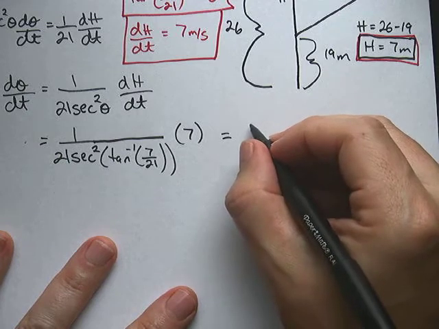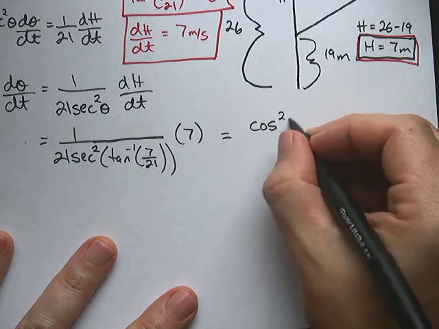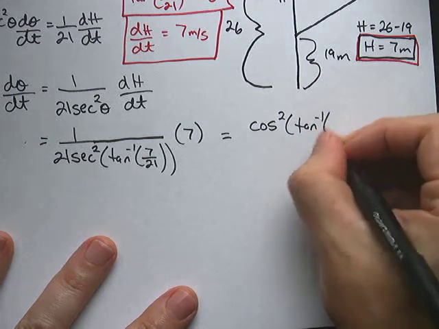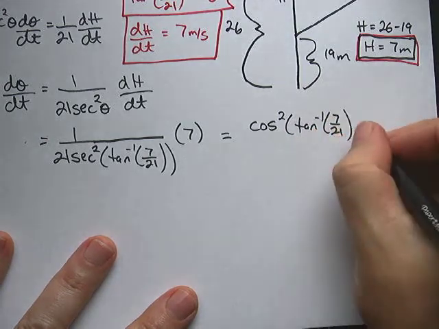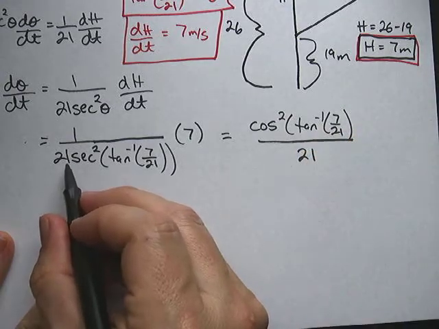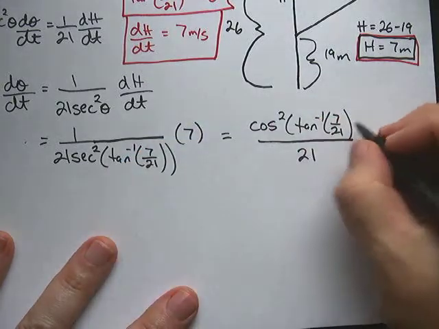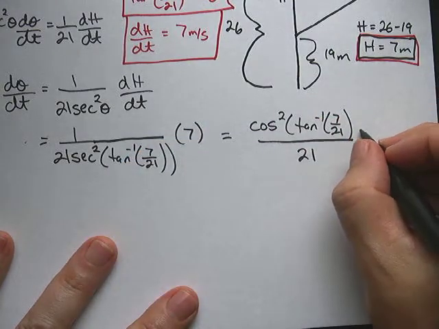So it would become cosine squared of tangent inverse of 7 over 21, over 21, because this doesn't go up with it. It's just the secant that goes up. So the secant squared becomes a cosine squared, moves to the top, times 7.